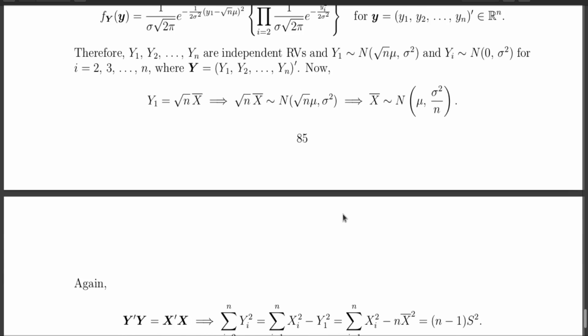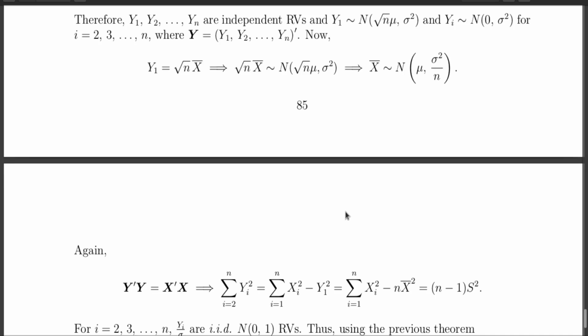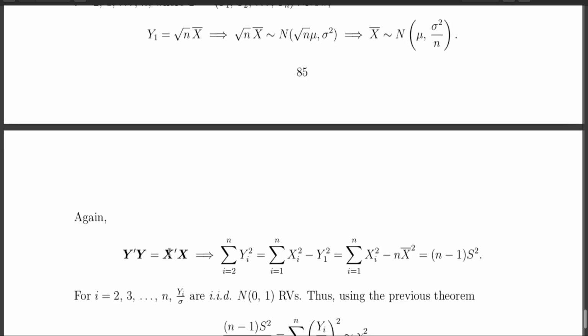Now let us try to find out the distribution of s square. Before that, notice that y transpose y is the same as x transpose x. The reason is nothing but y equals Ax. Just plug this in and, since A is orthogonal, A transpose A gives you the identity. Now this implies that the summation of yi square from i equals 2 to n is the same as the summation of xi square from i equals 1 to n minus y1 square.